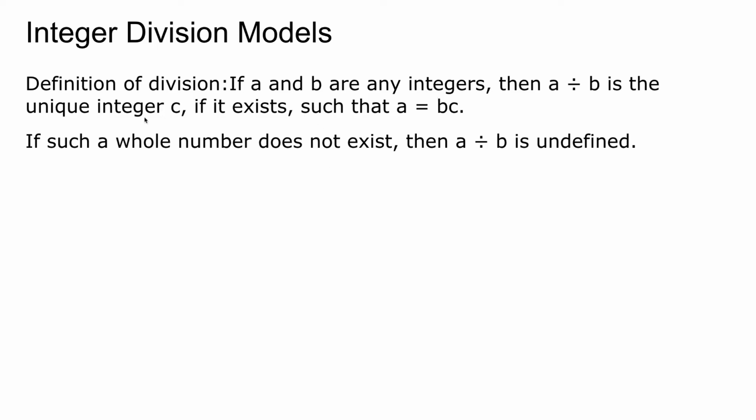If there's a unique integer c that exists when you do the division, then we have the relationship: the dividend is the divisor times the quotient, a equals b times c. If such an integer c does not exist, then a divided by b is undefined.